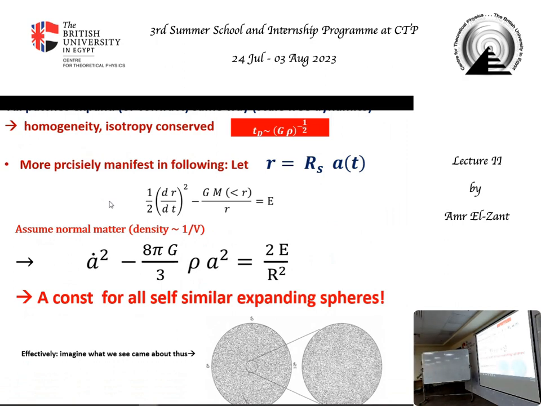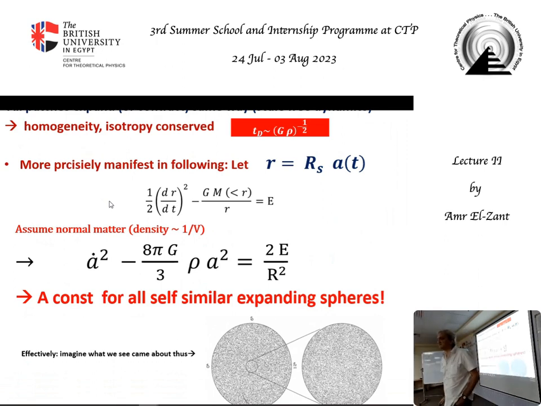Okay, and we said this was possible because the expansion was scale-free, and we heuristically said there's a dynamical time that is 1 over the square root of Gρ, and that makes the solution scale-free. Actually, that's not completely accurate.